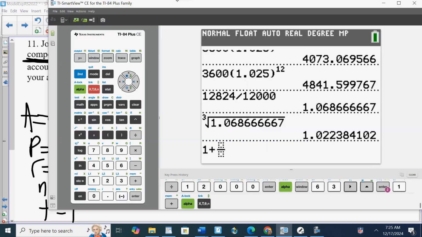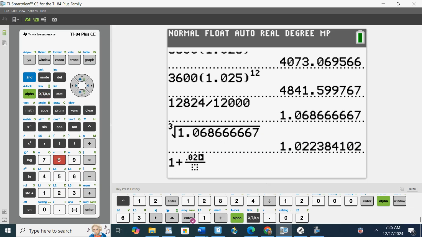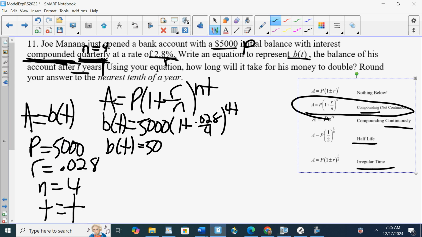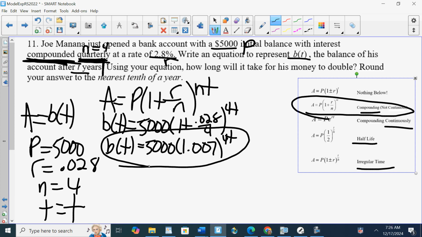So 1 plus 0.028 over 4 is 1.007. That's the answer to the first question. Again, write an equation with 2 variables.